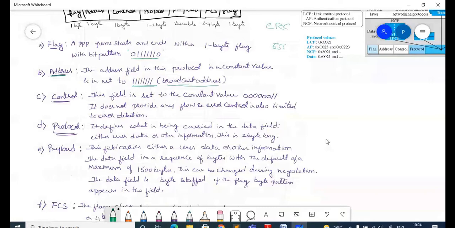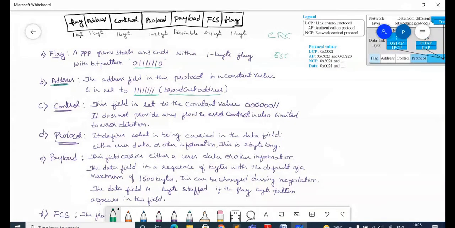The next one is payload. Here you can observe it is written as variable. That means the length of the payload is variable, because this point-to-point protocol is of the variable length frame type. These other fields are all fixed; only the payload part is going to be variable, depending on the size of the information the user can send. But still there is a maximum size of data that can be added into the frame. There is a limit. This field carries either user data or other information.